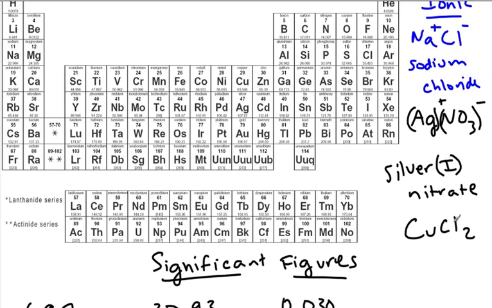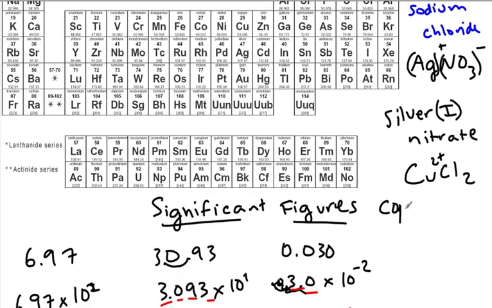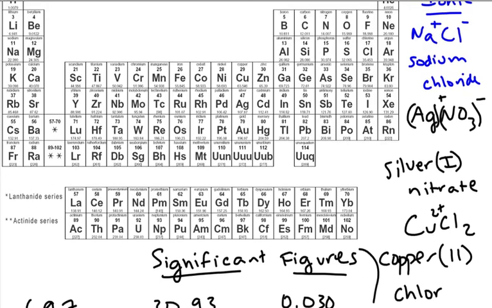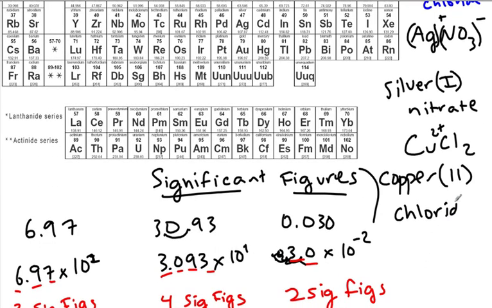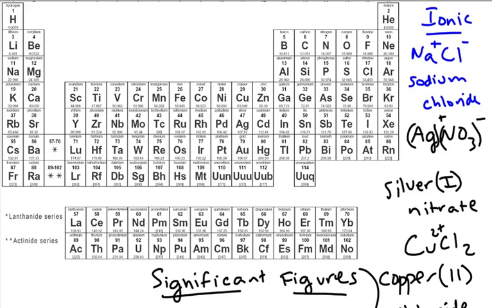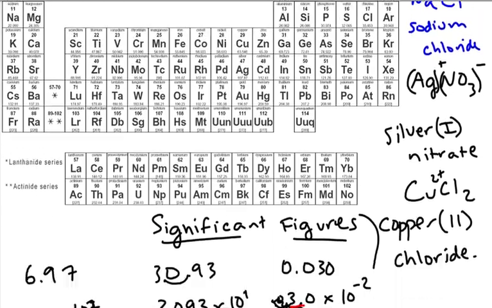So to make this a neutral compound, copper has to have a charge of 2 plus as well. And therefore it becomes copper. But as we know, copper is right here, and it is a transition metal, so we have to put the charge. Copper 2, and then is it chlorine? No, it's chloride, because this is the negative ion. And that's ionic. Very simple.